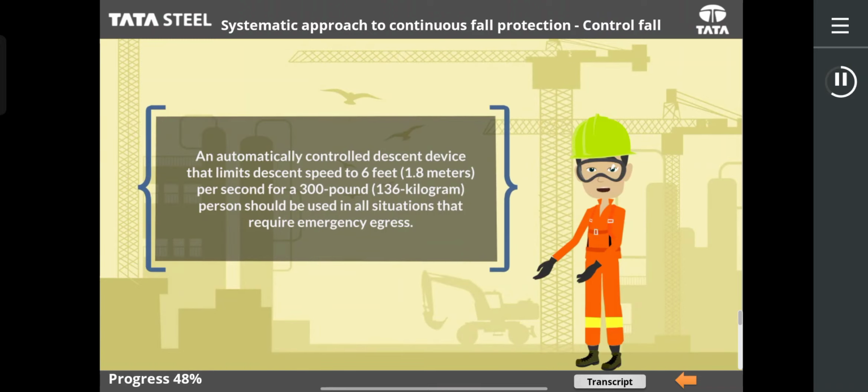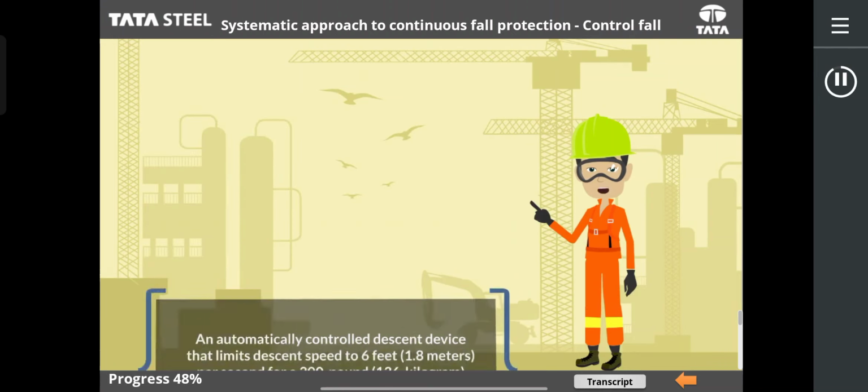An automated control descent device that limits descent speed to 6 feet, 1.8 meters per second for a 300-pound, 136 kilogram person should be used in all situations that require emergency egress. Carefully assess the workplace and work processes to select the most appropriate equipment and to install and use it correctly.